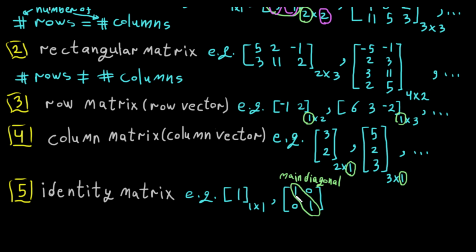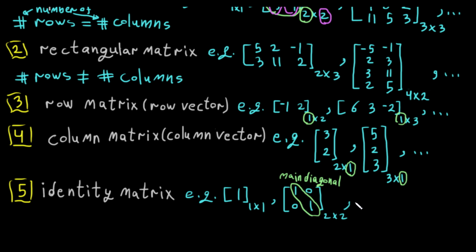This is called the main diagonal, here 1 1, the entries 1 1 and the entries 2 2. Of course, this one is a 2 by 2 matrix. And an identity matrix has ones on the main diagonal and everywhere else are zeros. So here zeros.